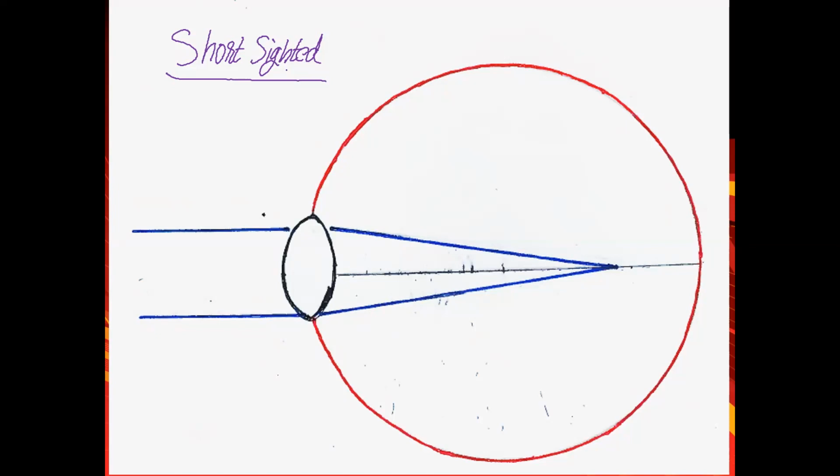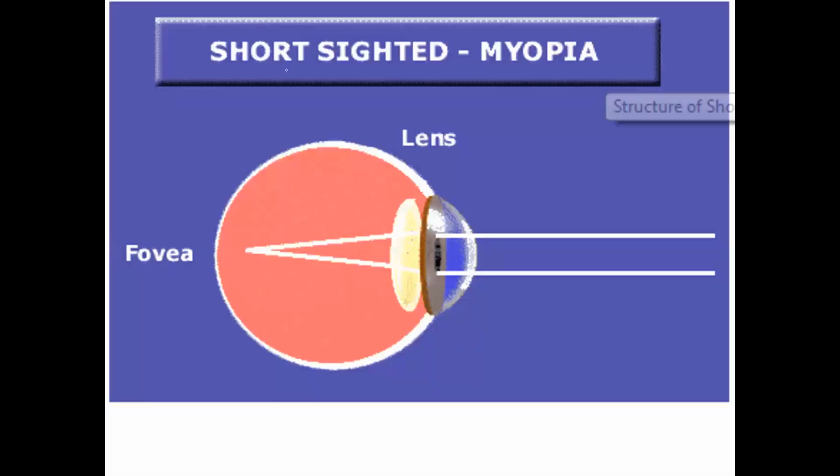That is why the person can't really see distant objects. This is called a short-sighted person. So give a side heading, short-sighted.